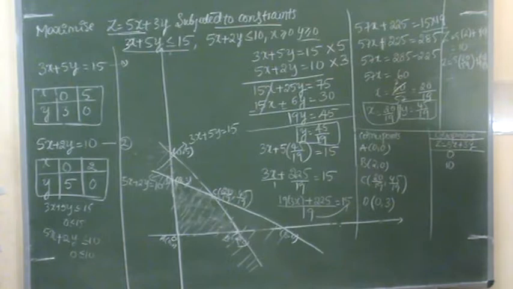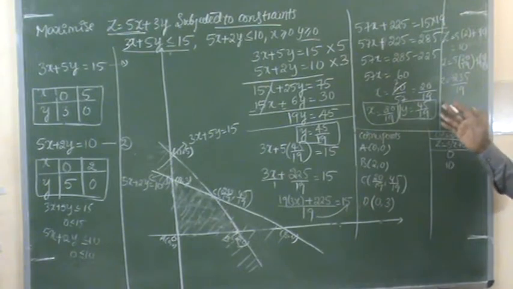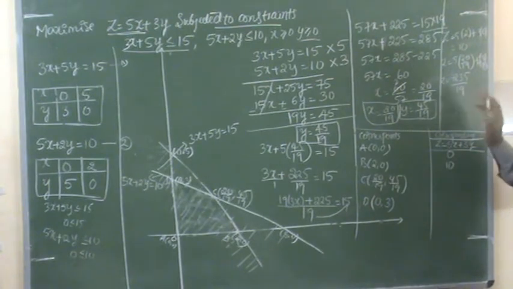We get Z is equal to 235 divided by 19. On simplification, there is no space, so I will write directly.